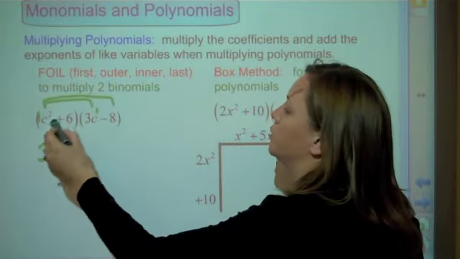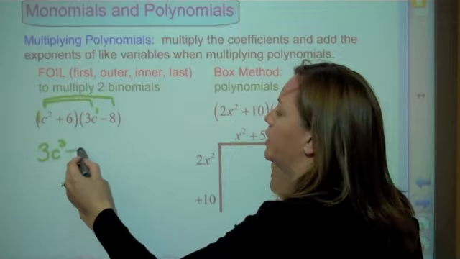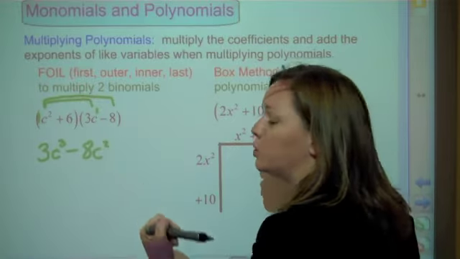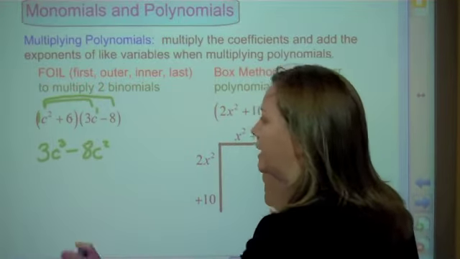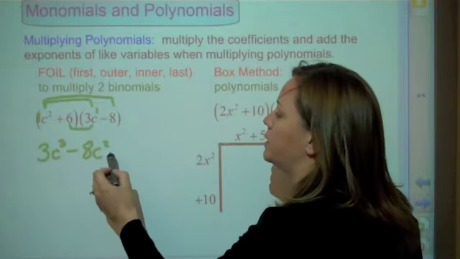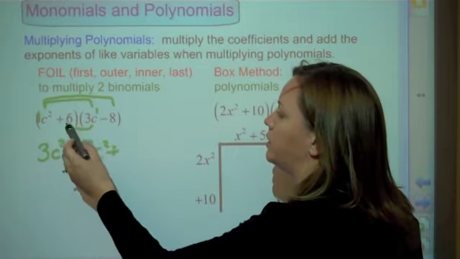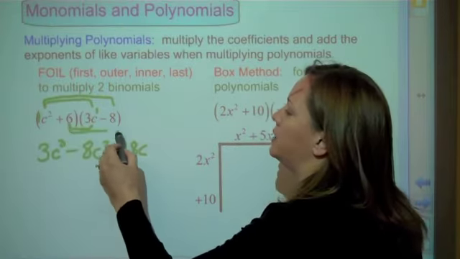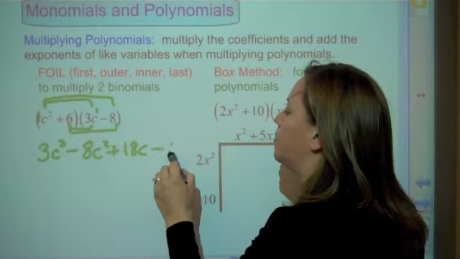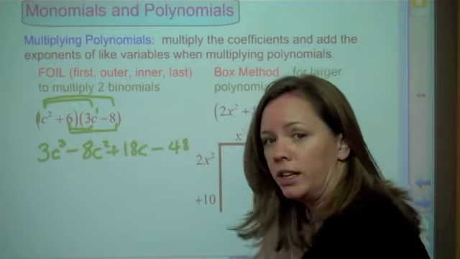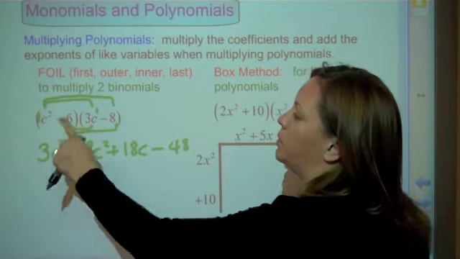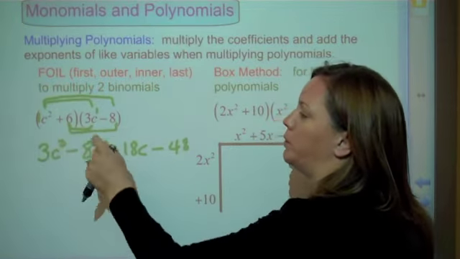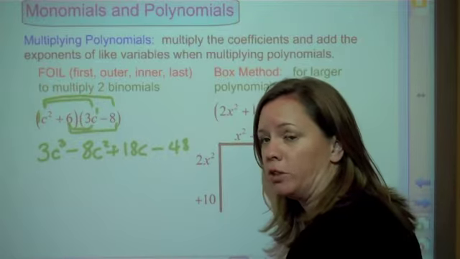My outers would be c squared and negative 8, so that would be minus 8c squared when I multiply it together. My inners would be 6 and 3c, so 6 times 3 is 18c, and then my last 6 and negative 8 is minus 48. So that's a real quick, easy way to remember how to multiply every term in the first polynomial times every term in the second polynomial.